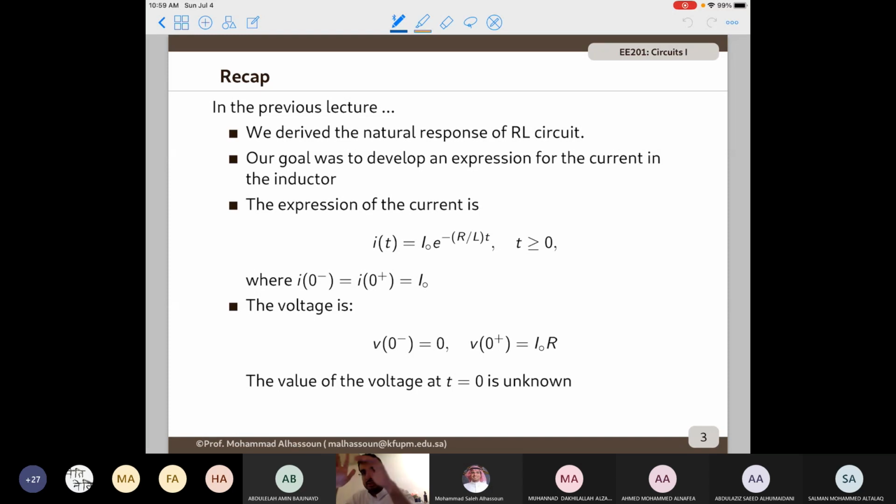Then we studied different combinations of resistors, resistors in parallel, resistors in series, and some associated laws or rules that are going to be very, very useful in our analysis.